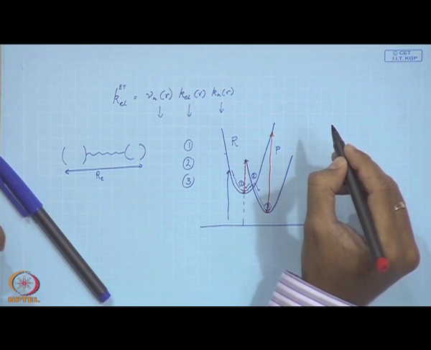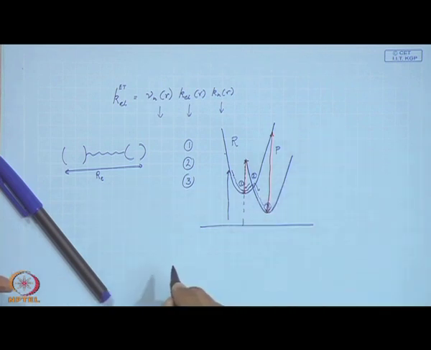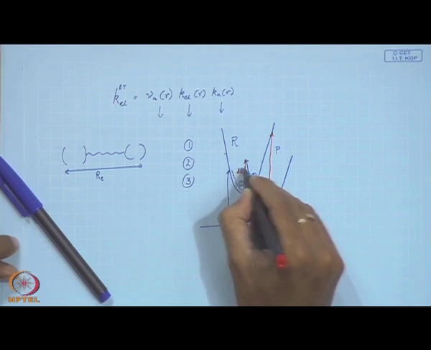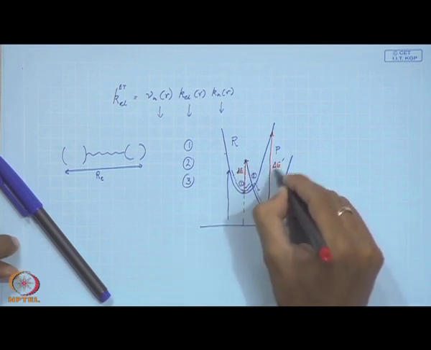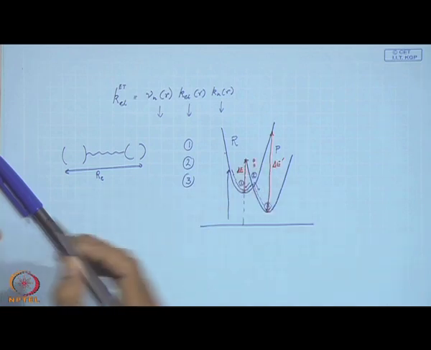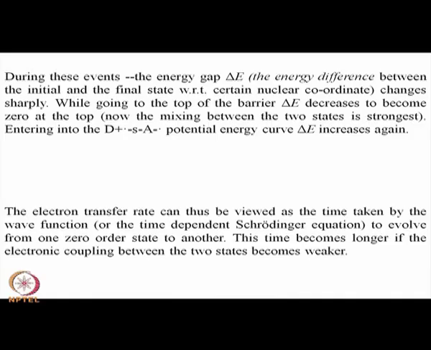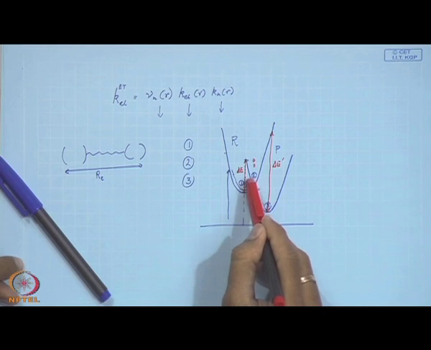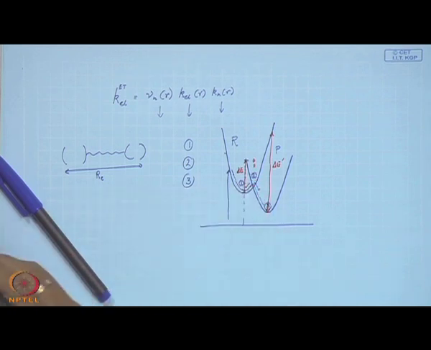Here it is your delta E, this is your delta E prime, and here it is 0. While going to the top, the barrier delta E decreases and becomes 0, because there is no barrier this way or that way, as it is already on top of the hill.